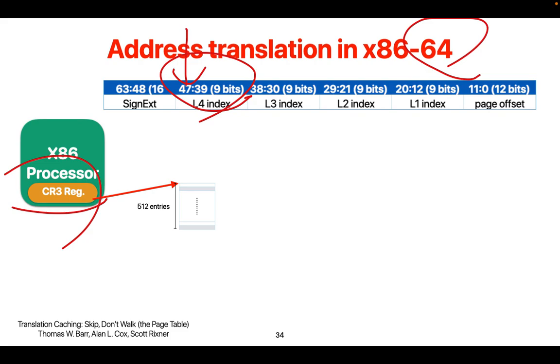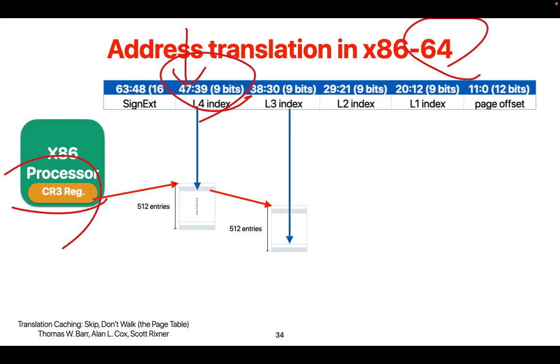And again, for 48 bits, you need 9 bits of index in each level, because you have 2 to the 9 entries in each node. So you use this 9-bit index to figure out where in the 512 entries the pointer to the next level is. Then you go to the next level, another node with another 512 entries.